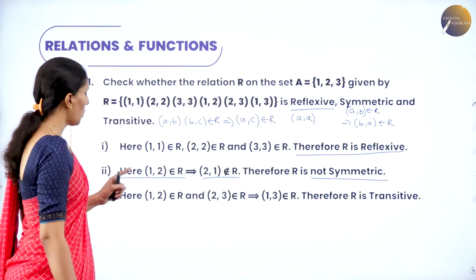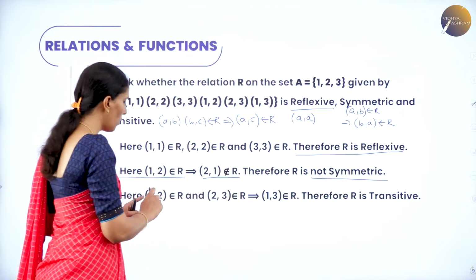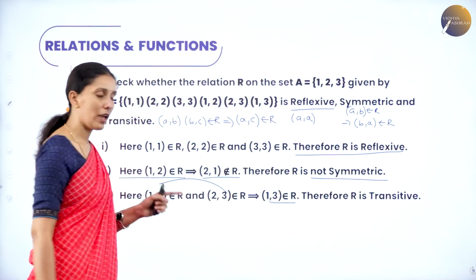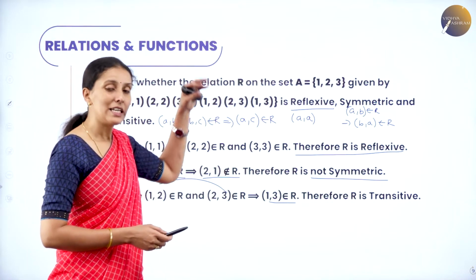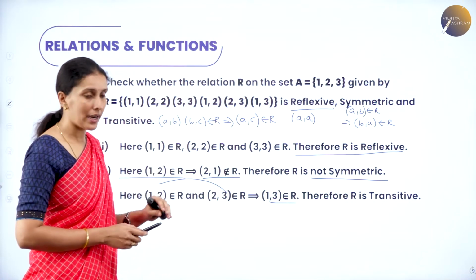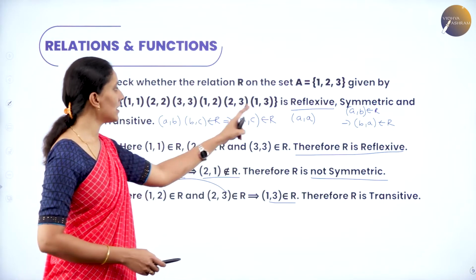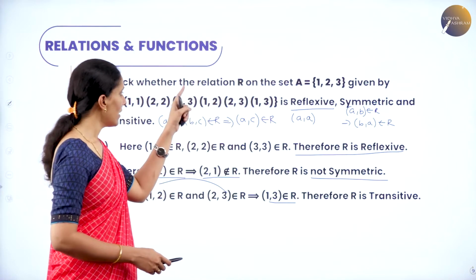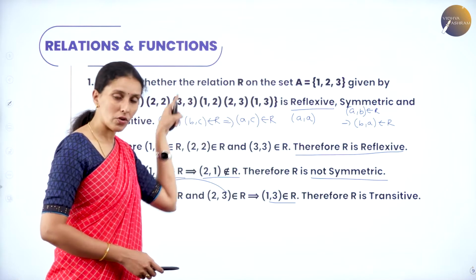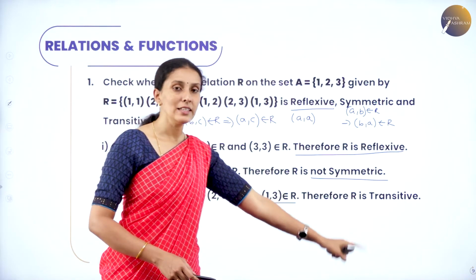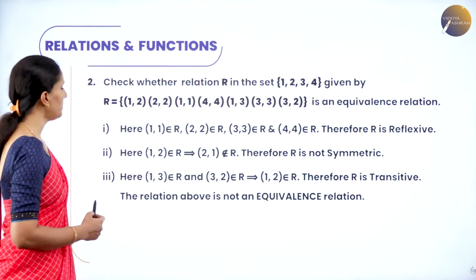Next, we have (1, 2) belongs to R, (2, 3) belongs to R. So, (1, 3) belongs to R. So, therefore, this is an example for transitive relation. The elements inside the relation set should satisfy the given condition. Hence, if (1, 2), (2, 3) belong to R, then (1, 3) is also in R. Therefore, R is transitive.